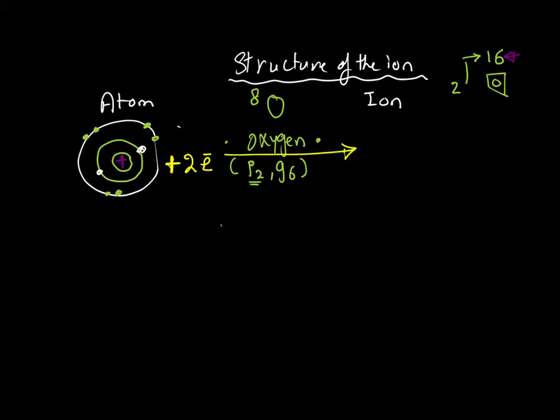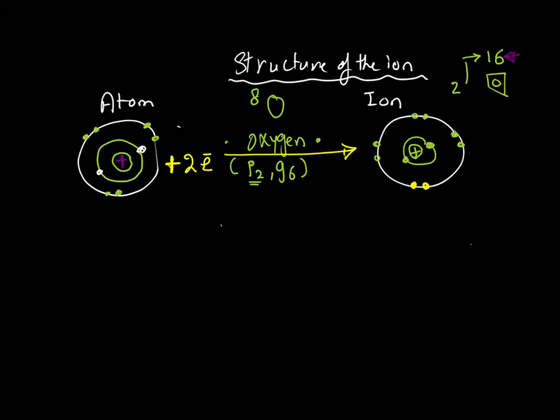The ion now: normally the atom had 2 electrons in the first shell and 6 electrons, 1, 2, 3, 4, 5, 6. It's going to gain 2, so now it will have 8 electrons in the outer shell.